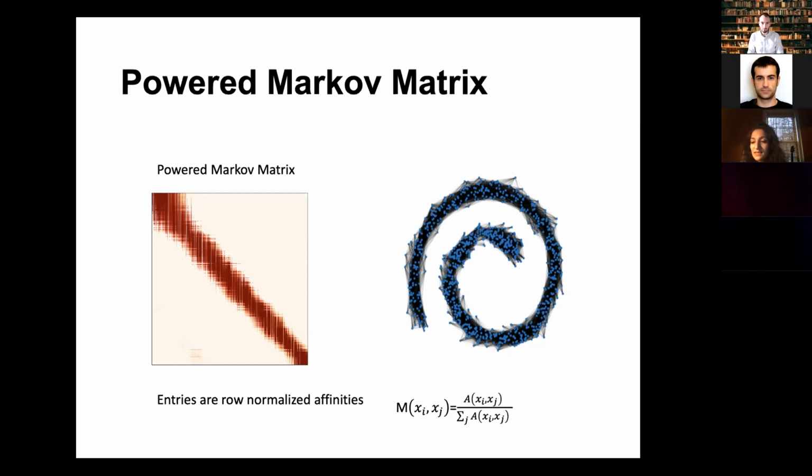Somebody asked me, is this similar to the concept of a hidden Markov model? It is a Markov model. It's not very hidden. It's a very explicit Markov model, which is describing how you would transition from one data point to another. It's a Markov transition matrix that describes paths or walks through the data.